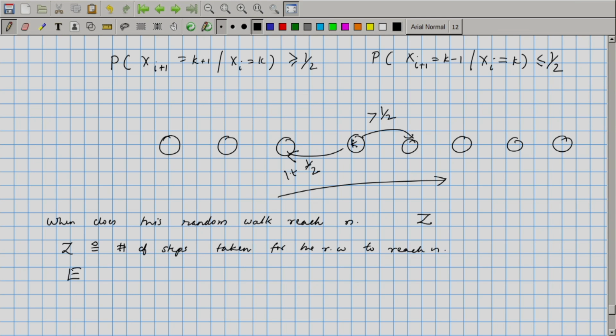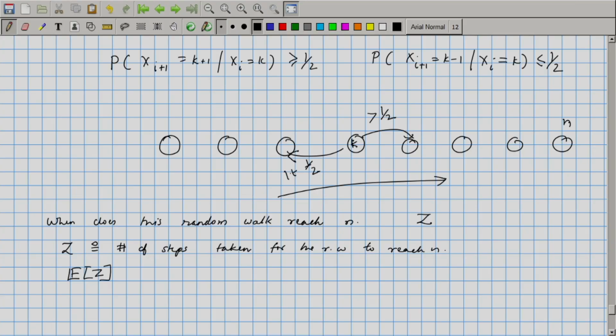We need to compute the expectation of Z. If the expectation of Z is a reasonable number, if it is small, that means we will quickly find a satisfying assignment. When the random walk reaches the state n, it means that we have found an assignment which agrees with S, and S being a satisfying assignment, we have found a satisfying assignment.